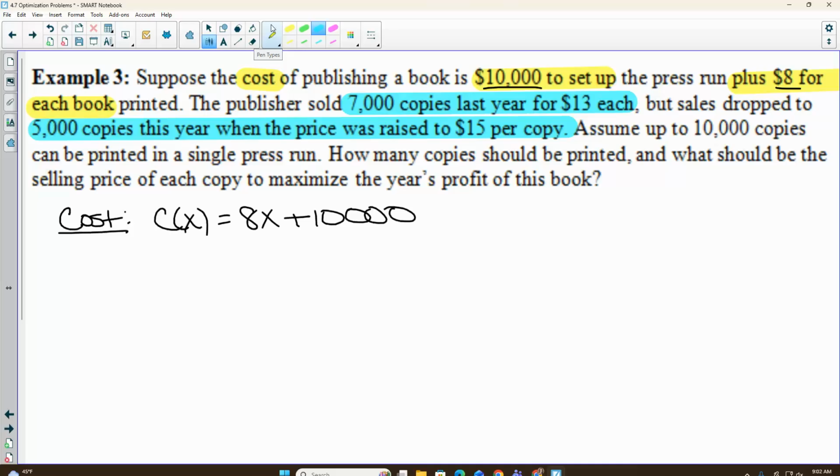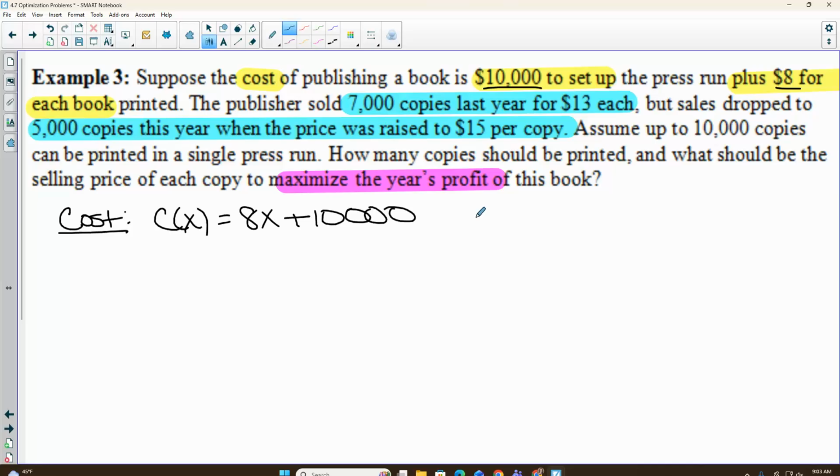How many copies should be printed, and what should the selling price of each copy be to maximize this year's profit? So I'm trying to maximize profit, so I have to get a profit function. We have a lot of work to get there, though. How do we find profit? Revenue minus cost. I have cost, but I don't have revenue. How do we get revenue?